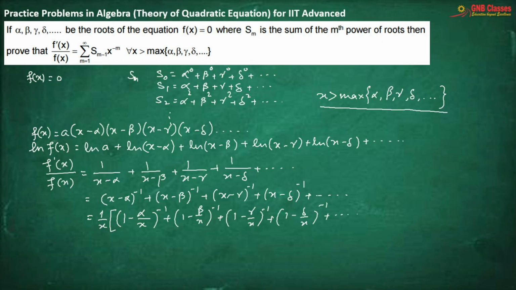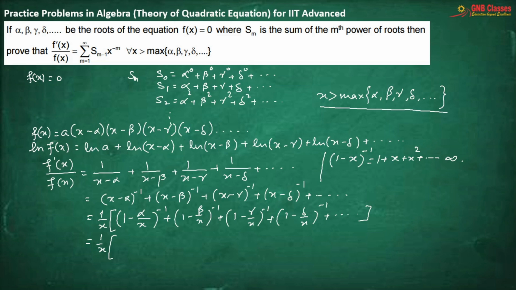Now, you observe carefully that we all know that the expansion of (1 minus x) to the power minus 1 is basically 1 plus x plus x squared plus dot dot dot, and this goes till infinity. Now if I expand those terms individually, see this carefully: the first term of every expression will be 1.